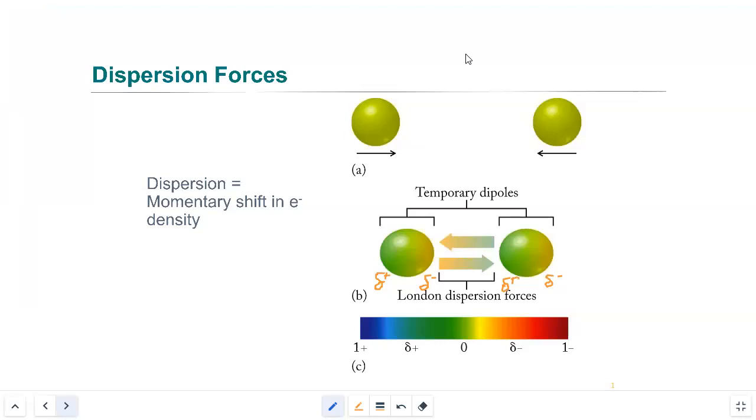But again, momentary. Happens, they attract, they go back. So as you might expect, because the distortions are not very large, so we don't have very big charges to deal with in the first place, and because they are temporary, these are very momentary kinds of attractions. They're not very strong.